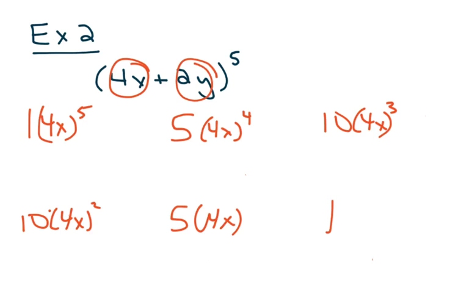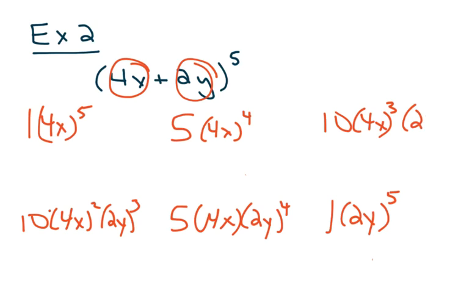And then the second term, 2y, starts at the end with the biggest exponent, and then goes down 1 from there. 4, 3, 2, 1, and then the first term doesn't have a 2y, and these are all plus signs.